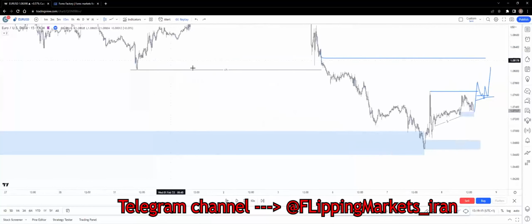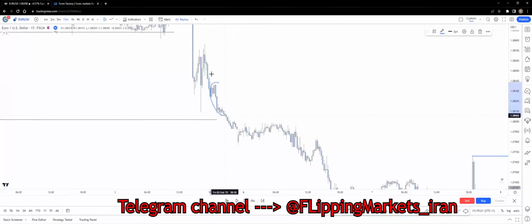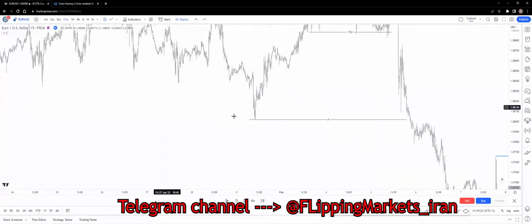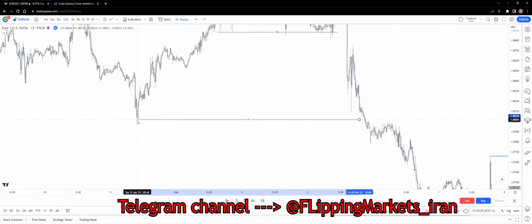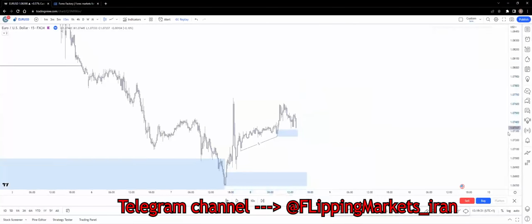This 15-minute supply caused the daily change of character technically, with the inefficient movement, inefficient candles right here. So yeah, let me adjust these lines a bit. Okay. So technically these are the plans for this session.